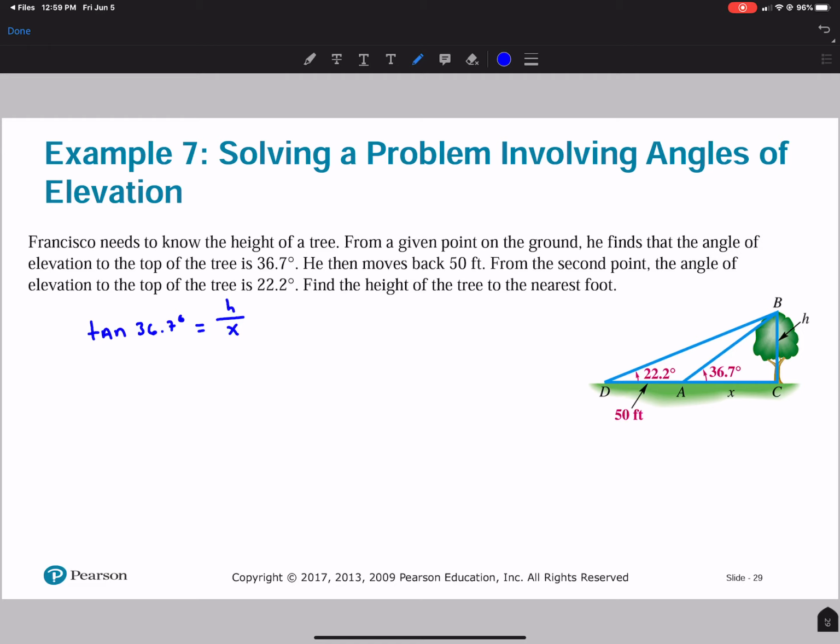And that's for this one right here. Which means that we have h is equal to x times the tangent of 36.7 degrees. You're like, okay, it's nothing we can do with that. I know. So we have to do a little bit more work.